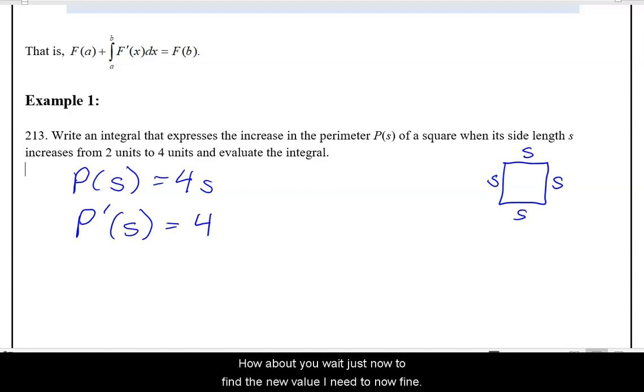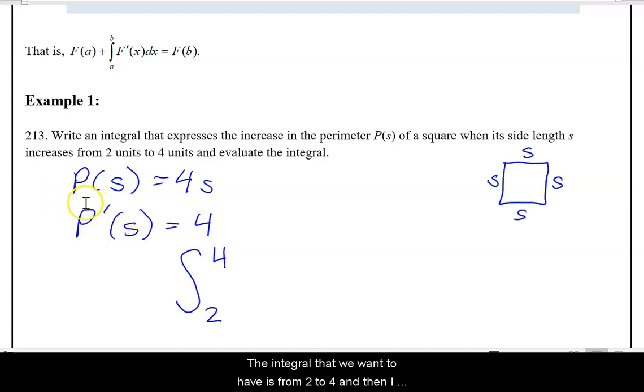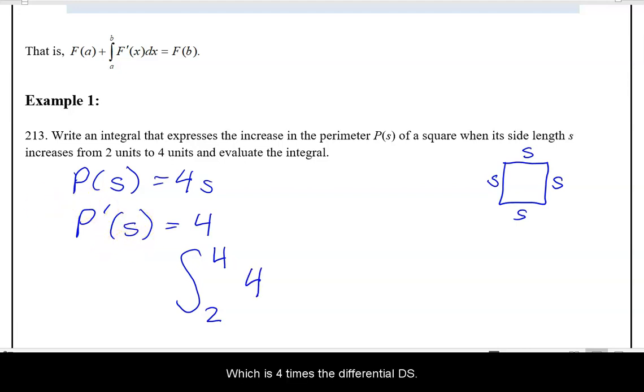To evaluate this now, to find the new value, I need to find the original perimeter and then add to that the integral. In our case, the integral is changing from 2 units to 4 units. So the integral that we want is from 2 to 4, and then I use P prime of s, which is 4, times the differential ds.